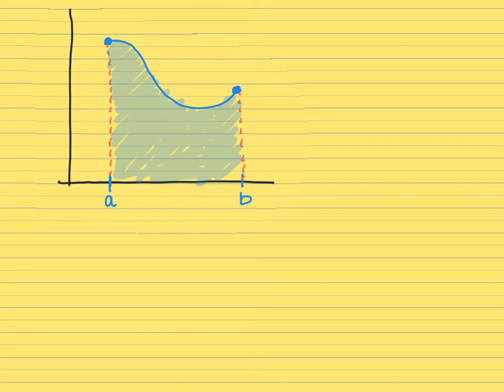So I want to find this area. The first thing we do is decide how wide we want our intervals to be. The width is something that we'll call delta x. We want our rectangles to be delta x wide, and the way we figure that is b minus a divided by n, where n is how many rectangles we're going to use to cover this.